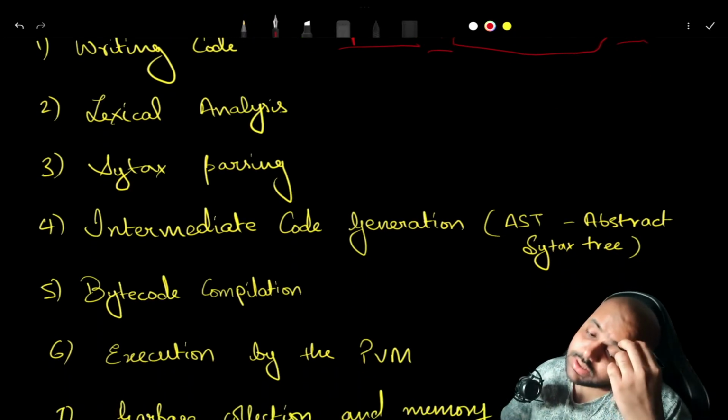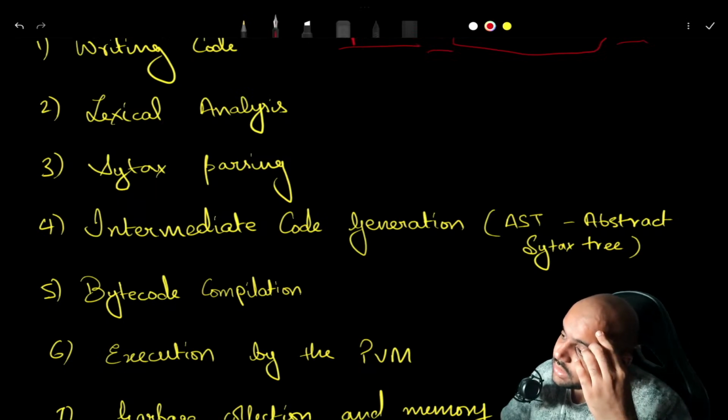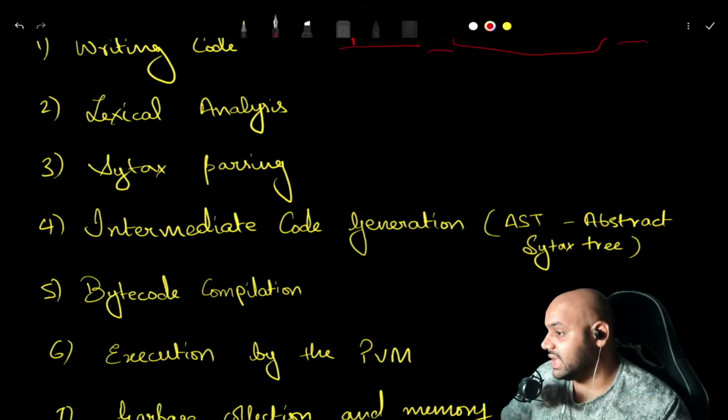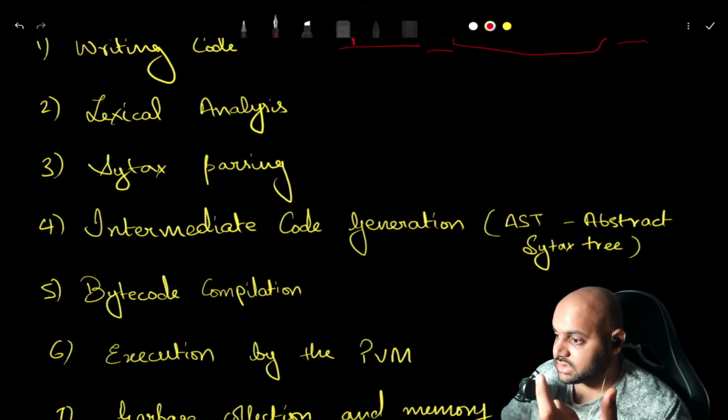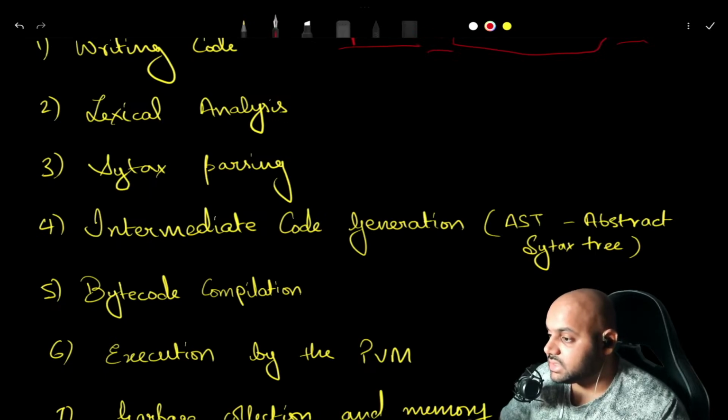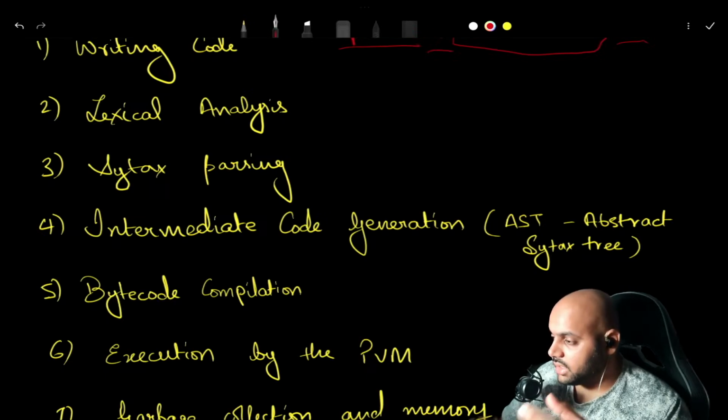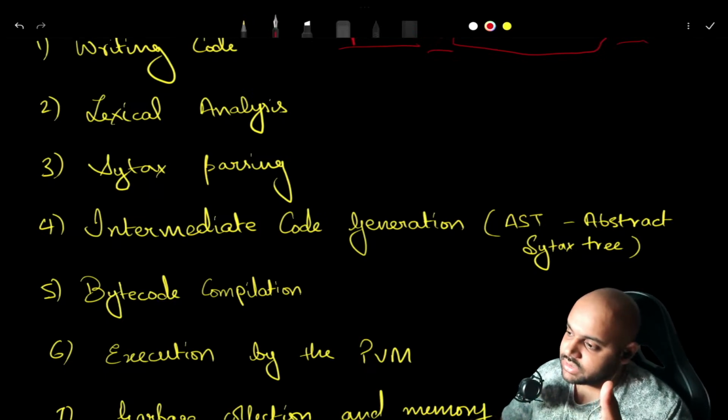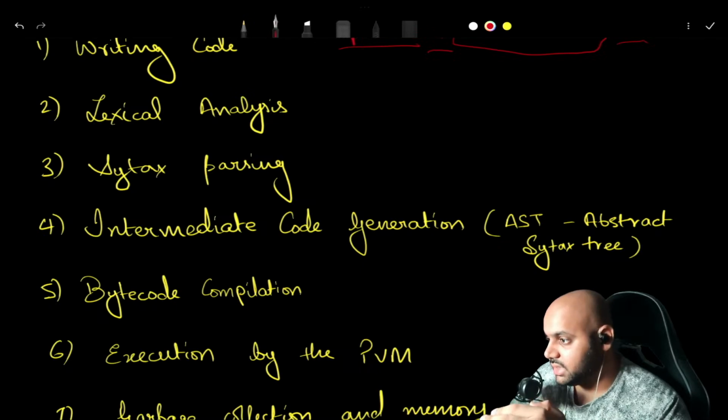The next step is intermediate code generation, the abstract syntax tree. This syntax tree is generated only if syntactically correct code is passed on. So congratulations, if you did not catch any syntax error, then Python generates this abstract syntax tree. This tree is a representation of the structure of the code, and it provides a more abstract representation of the original source code that the interpreter can work with.